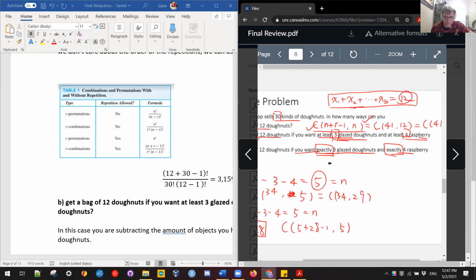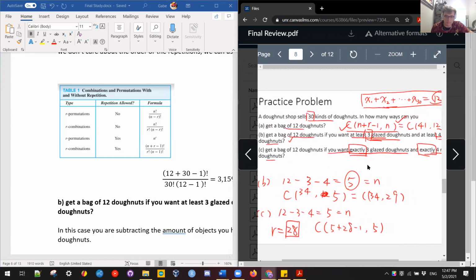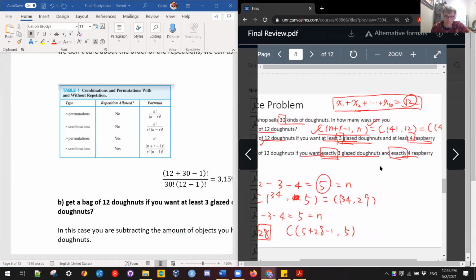Well. Oh. Yeah, what's up? So it looks like that formula in the book, the fourth one, is the formula for choose n plus r minus 1, comma r, not n. And that's where the difference, I think, is coming from.